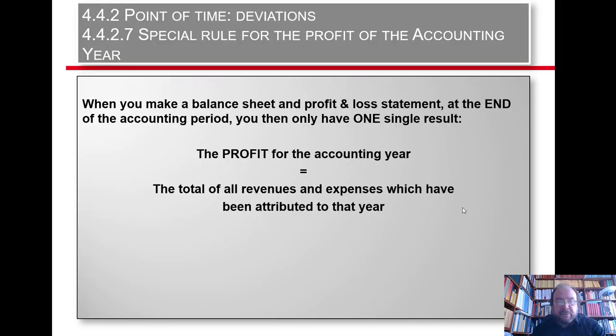Yeah, in cases when you make a balance sheet and profit and loss statement, there is a last problem which remains, because when you close your balance sheet, you have one single result of accounting for the whole year, the profit for the accounting year. And then the question is, when will that profit be taxed?